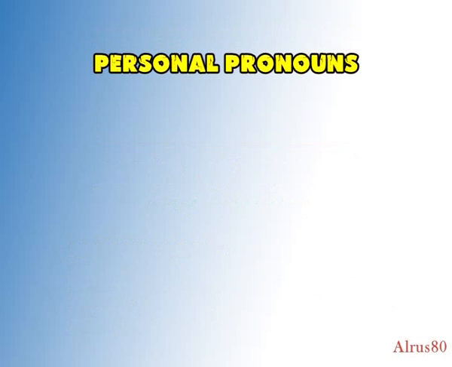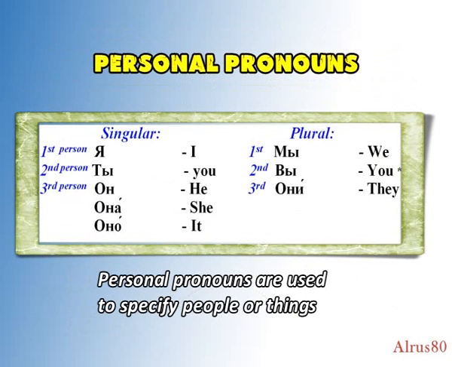Personal pronouns. Personal pronouns are used to specify people or things. There are three persons in singular and plural. Я, ты, он, она, оно. Мы, вы, они.